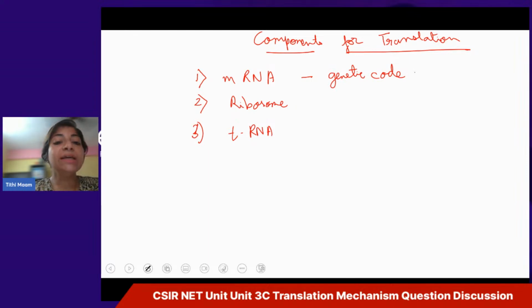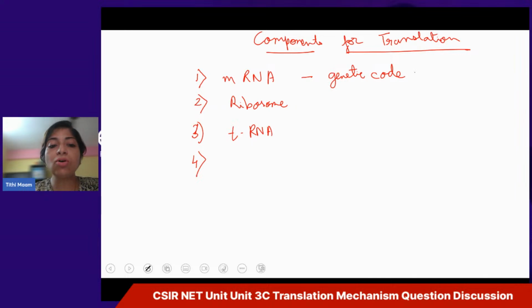Yes, absolutely correct, Achal. Now, what is this transfer RNA? It is a molecule with a nucleotide sequence called the anticodon, which pairs with mRNA, and at the same time tRNA also carries an amino acid.